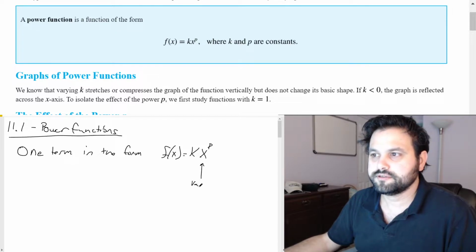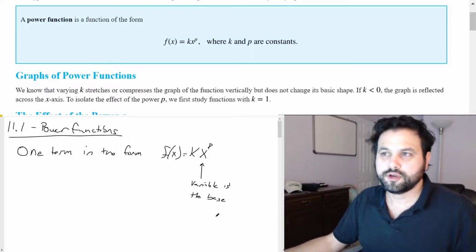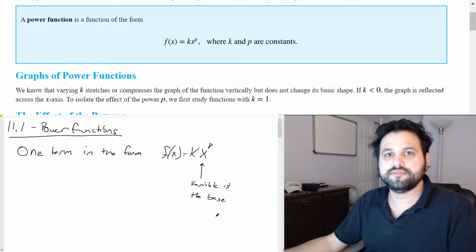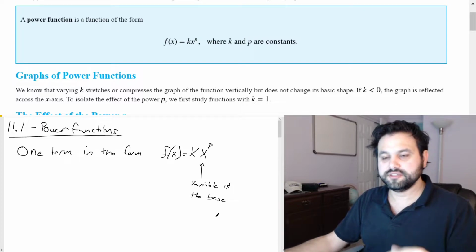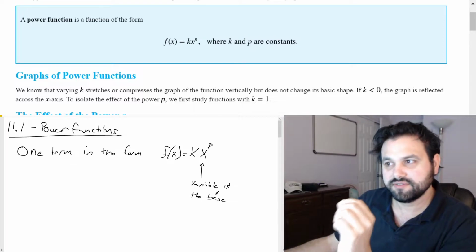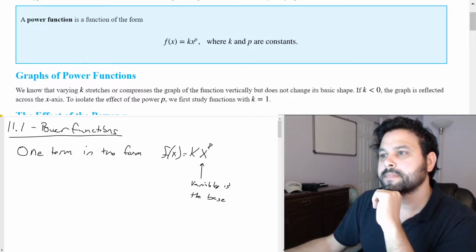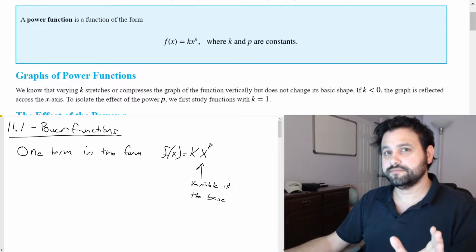Okay, so the variable is the base. So anything like an exponential function would not be considered a power function because the variable is in the exponent for exponential functions. For power functions, the variable has to be in the base. And it's one single term, right?